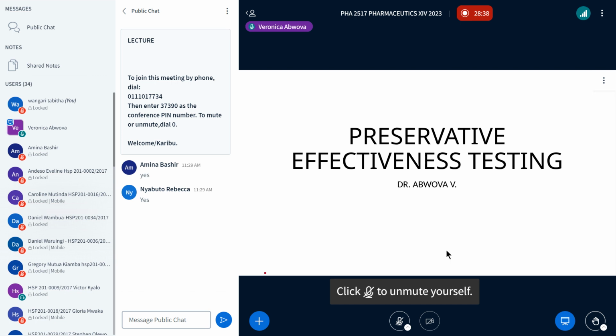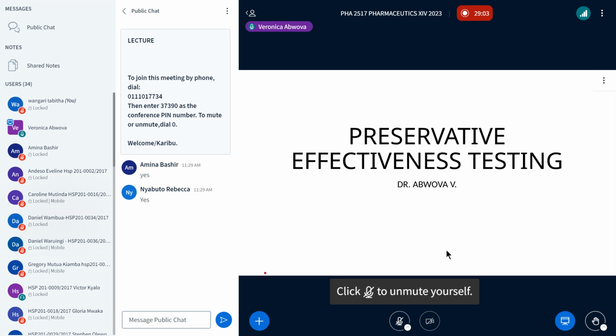But remember we said it's not only effective, it is effective against specific microorganisms that we know are most likely to contaminate an eye drop if the patient is not very careful. And should they contaminate the eye drop, they are very virulent and hard to treat.